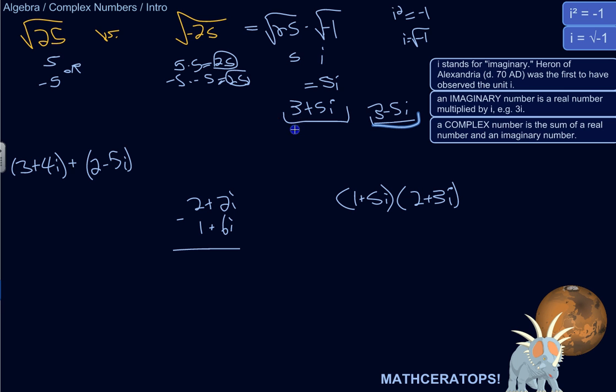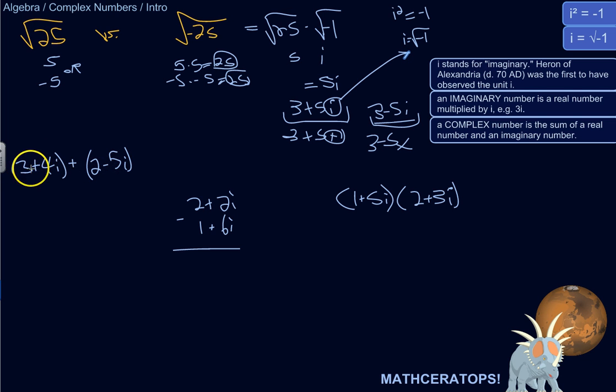So that's what they are, and actually, they behave very much like your normal binomials, like 3 plus 5x or 3 minus 5x. The only difference is x can stand for anything, whereas i stands for one very specific thing, the square root of negative 1. So, for example, we can add them just like adding a binomial.